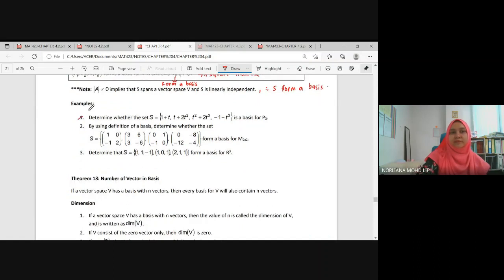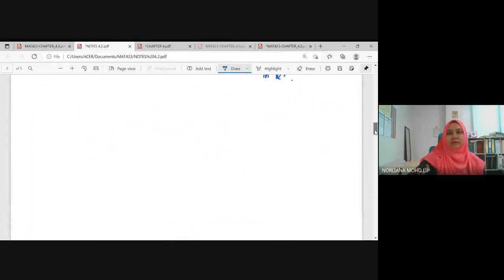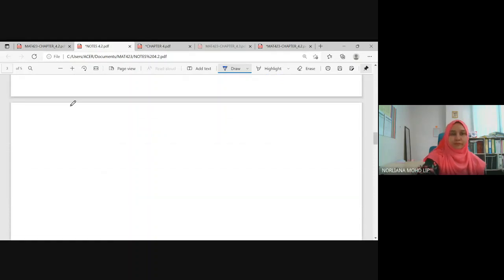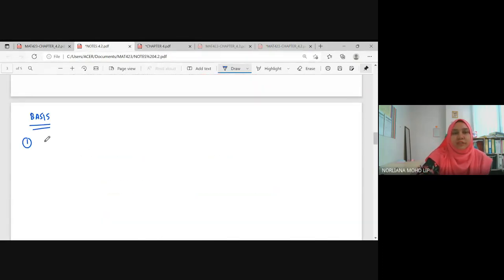Nombor 1. Okay, tunjuk contoh ni. First awak kena proofkan linear independent kan.